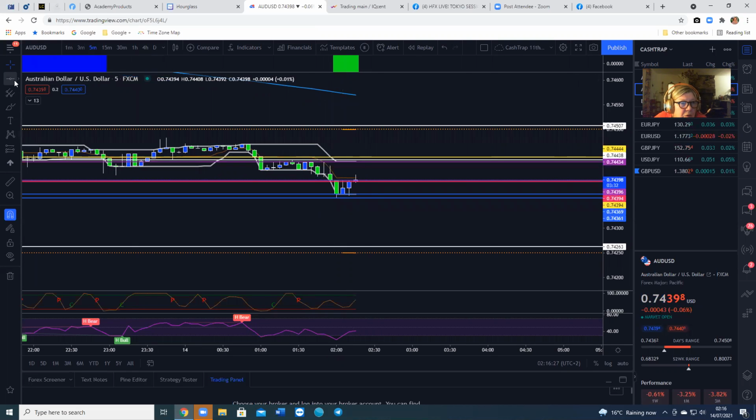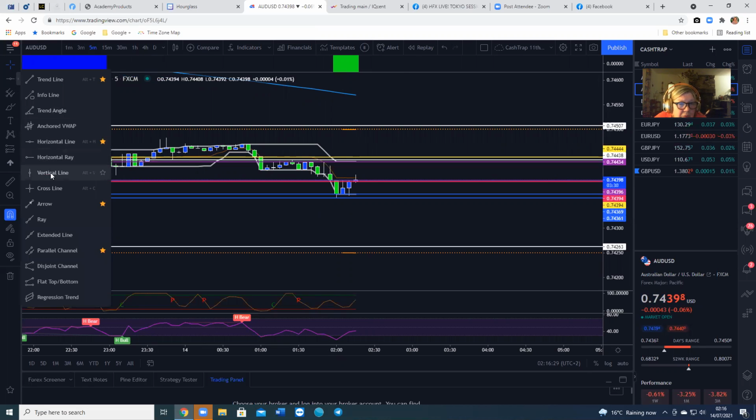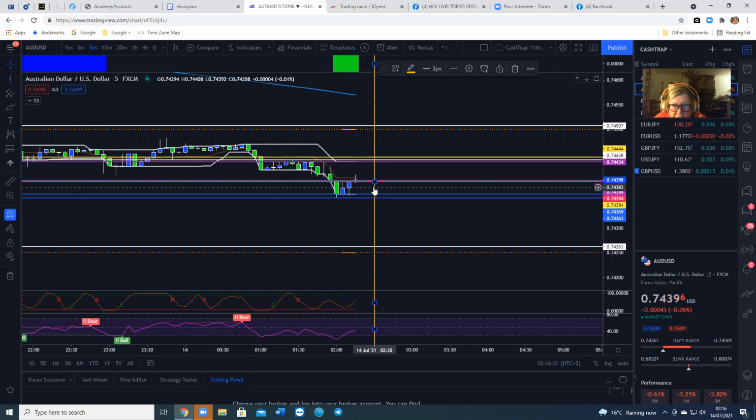So if I draw on for you a vertical line, that is our half past. So we've passed the 15-minute. So ideally I like to wait now till the half past. But it's 393, it's just wicked off that level.